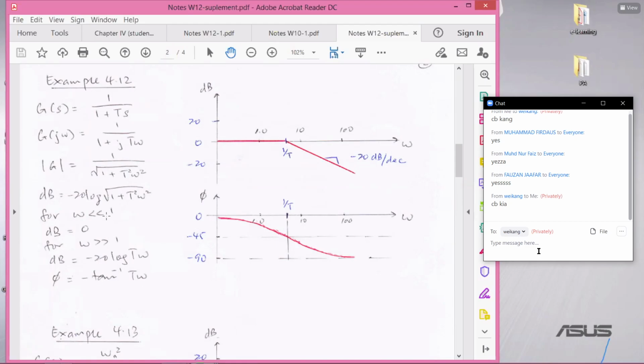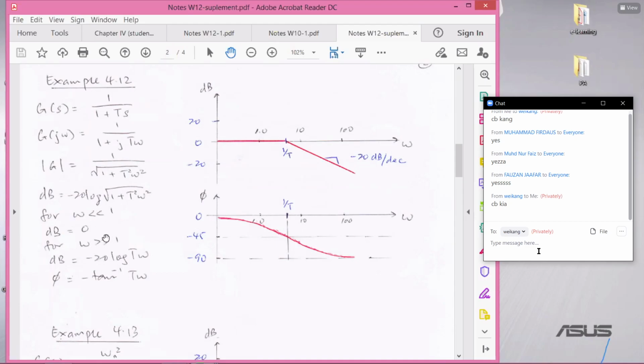All right, but you can see the value of decibel for a small value of omega: 1 plus a small value, so that term is negligible compared to 1. For small omega, you square that, and it is negligible compared to 1. Again, square root of 1 is 1, log 1 is 0, so the value of decibel is going to be 0 for small omega.